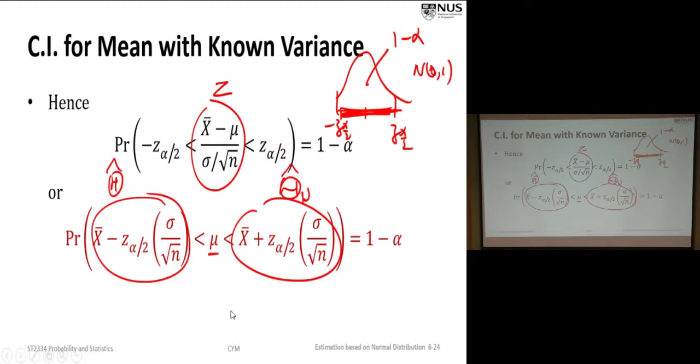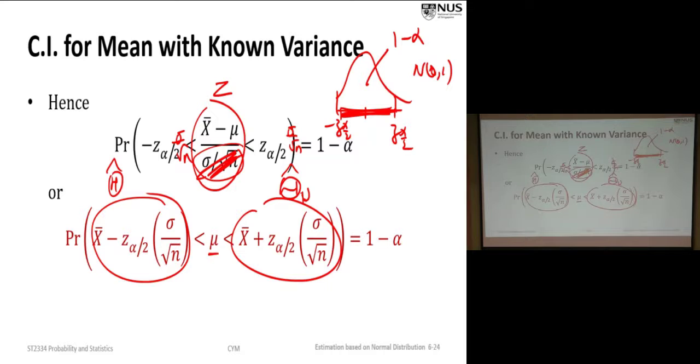Just bear in mind, I just want mu there. So first of all, I multiply all by sigma over root n, so I don't have the denominator. Then I move the mu to the other side and move this term back here. Remember, there are two inequalities here. Basically, we're solving two sets of inequalities.